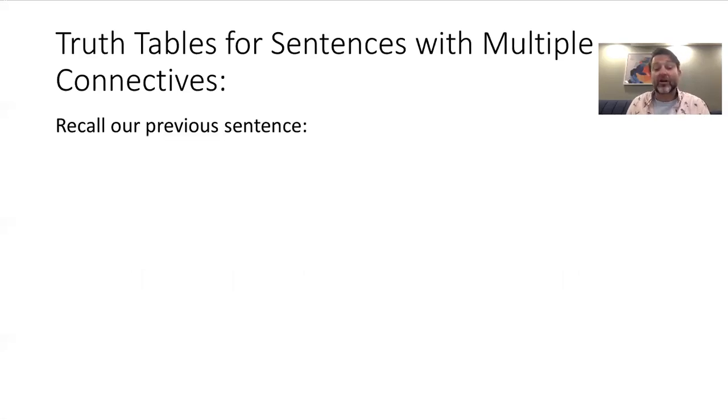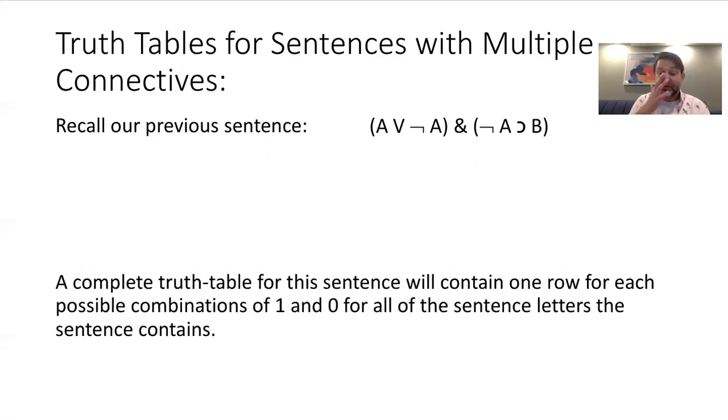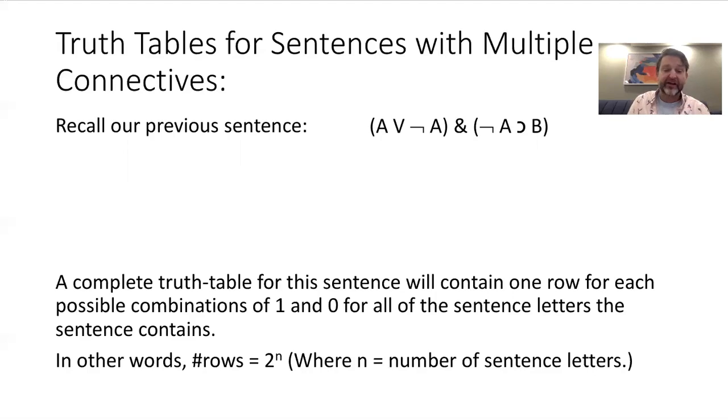Okay, so recall our previous sentence. It said both A or not A, and it's not the case that A, if it's not the case that A, then B. So a complete truth table for this sentence will contain one row for each possible combination of true and false for all of the sentence letters the sentence contains. So there are two sentence letters here.